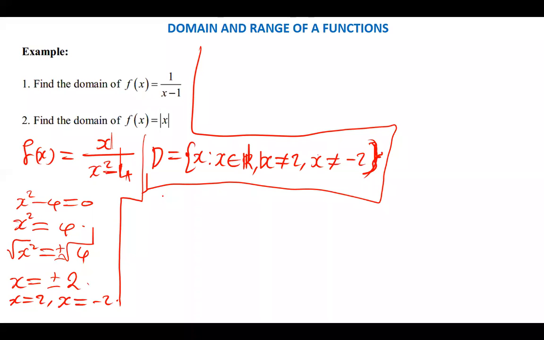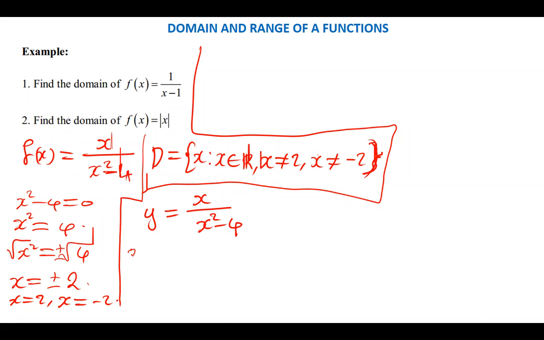The range is found by equating this equation to y. So we're going to say y is equal to x over x squared minus 4. And then from there, we can make x the subject of the formula.